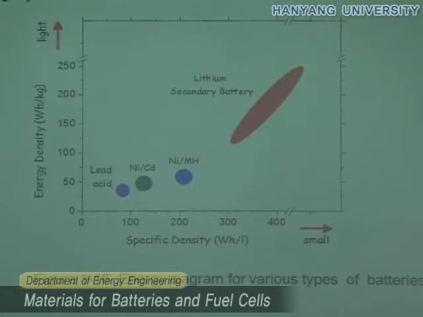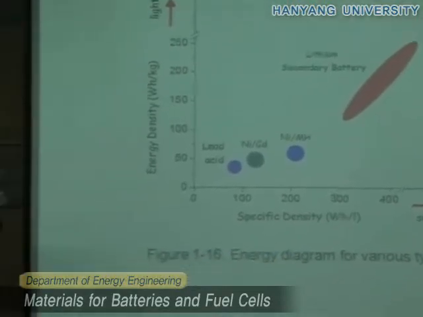Why ideal? Because, of course, we are thinking to use lithium batteries for consumer electronics. Then, of course, we like to have the battery the smallest as possible and the lightest as possible. We want that our telephone is small and doesn't weigh too much.